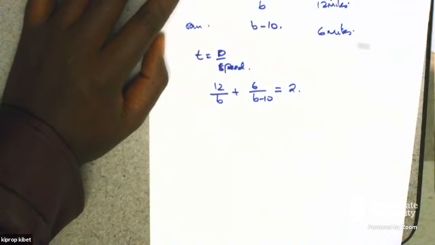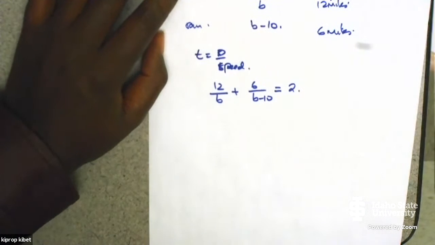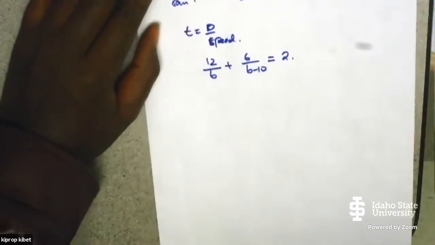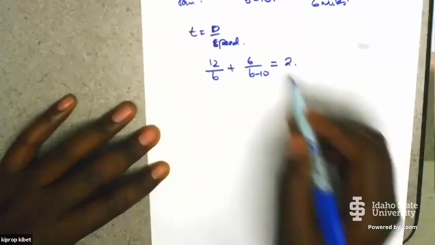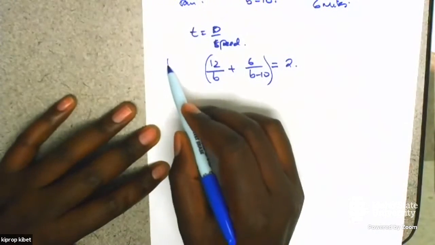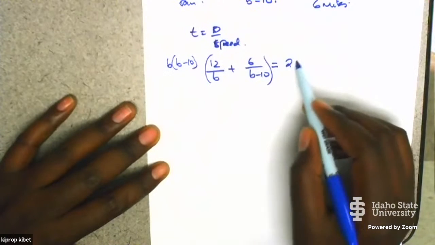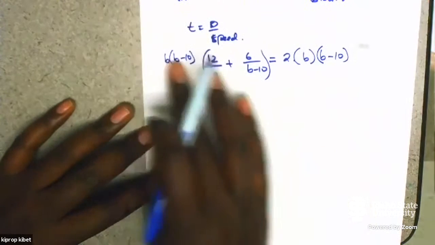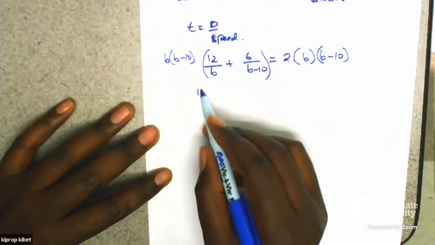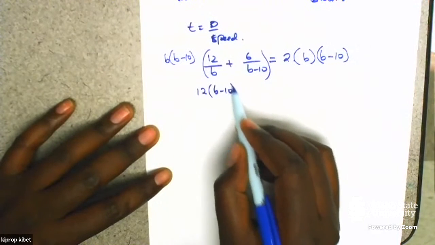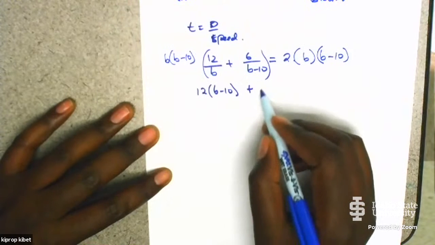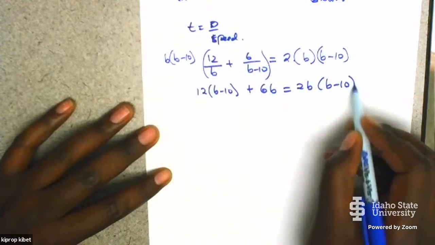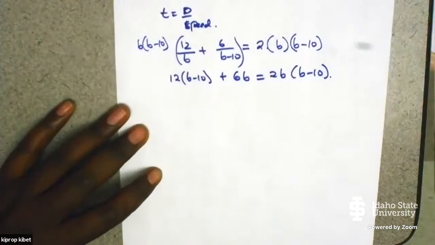So the question is, what was her rate when running? So we are looking for the rate when running. So again, you multiply by the common factor, B minus 10. When you open these brackets, B cancels, you get 12 times B minus 10, plus B minus 10 cancels, you get 6B equals 2B times B minus 10.